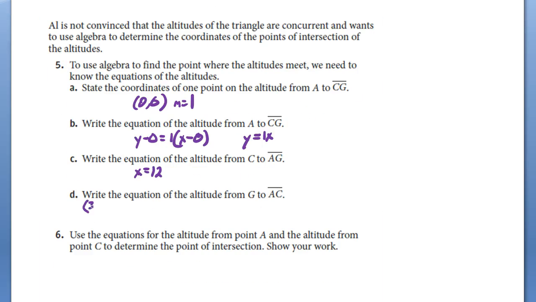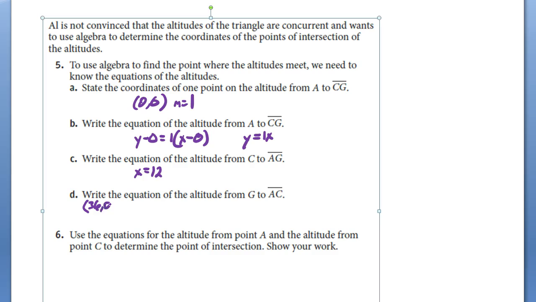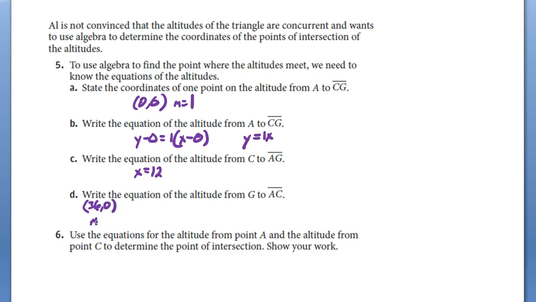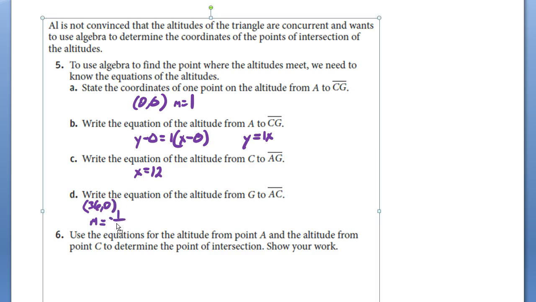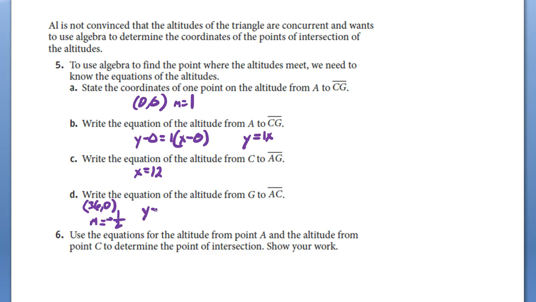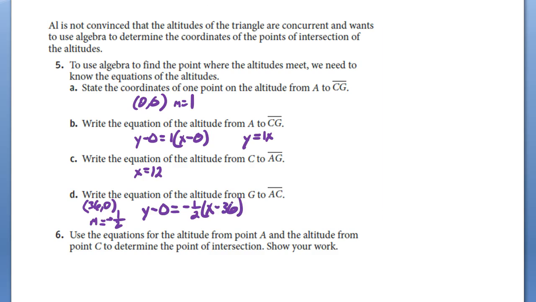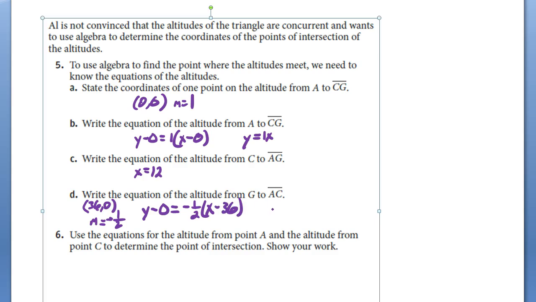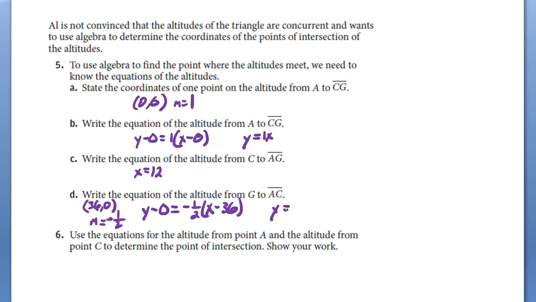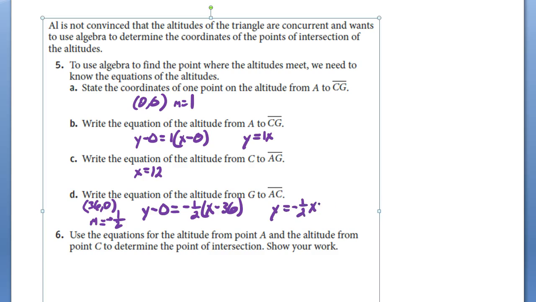So if we know that (36, 0) is on the line, and we know that its slope is -1/2, we can again use point-slope form. y minus the y coordinate of that point equals m times x minus the x coordinate of a point on the line. And then simplify this. y equals -1/2 x plus 18.